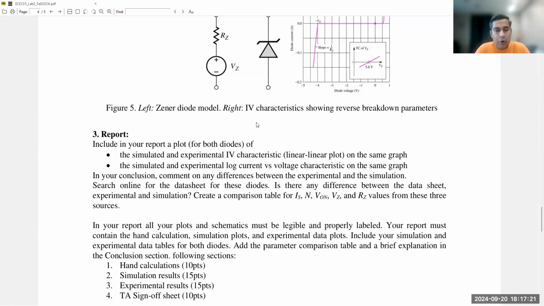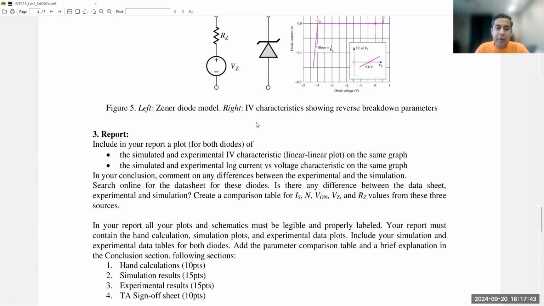So include those plots with a short explanation. And also the schematics should be readable and properly labeled on the axis, and all the legends should be properly labeled, like which is your experimental data, which is your simulated data, etc.